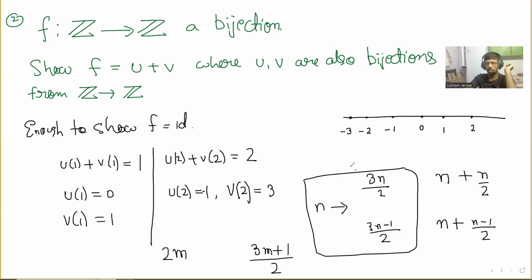Is this map surjective? If n is even, this, and if n is odd, this. If this is surjective, then we are done because it's injective.